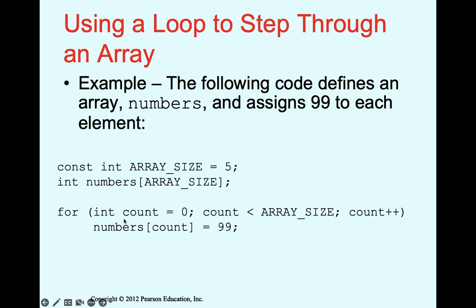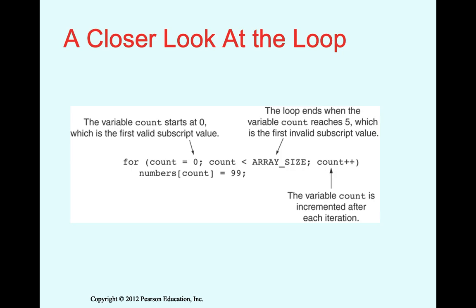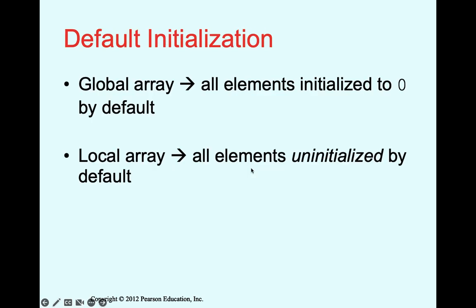This is the typical for loop that we use with arrays. It starts from index 0 till index array size minus 1, because of the less than, and every time we add 1. So numbers[count] equals 99, which assigns every element in the array the value 99. This is the typical loop for an array, as we mentioned.